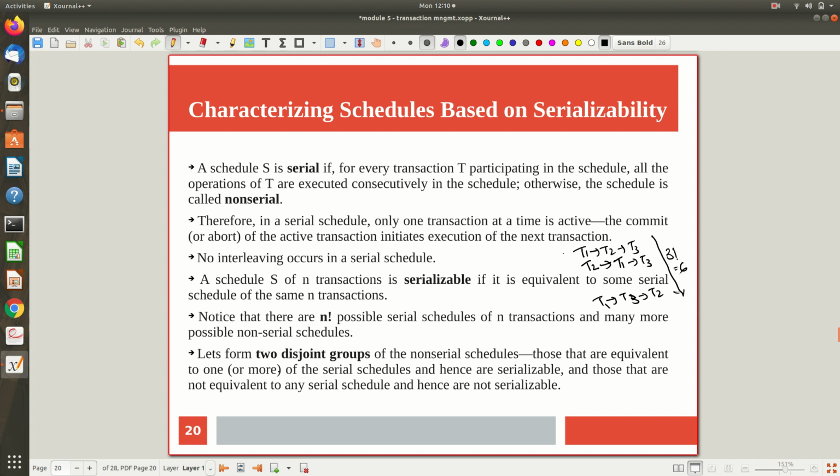The first partition contains all non-serial schedules which are equivalent to some serial schedule, and which are hence serializable. And if a particular transaction schedule is not serializable, you can put it in a different group: these are all the non-serial executions which are not serializable at all, so it is not good to proceed with them.